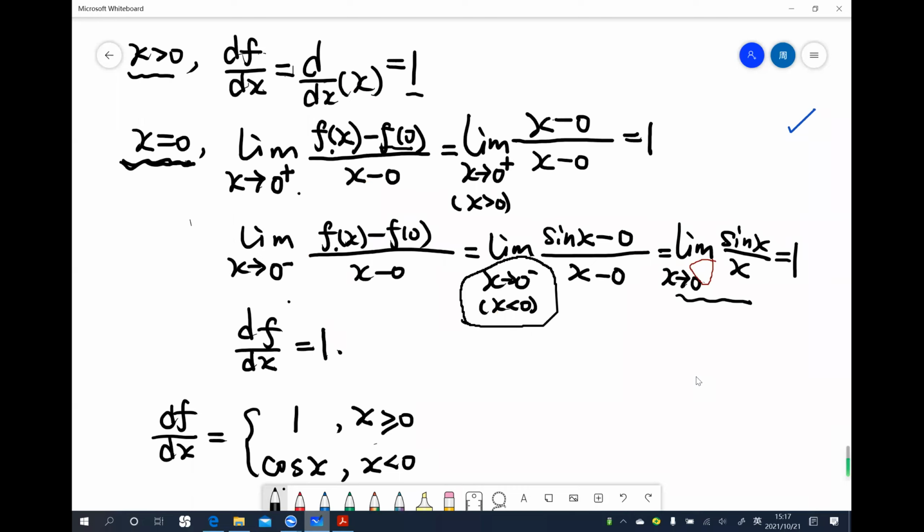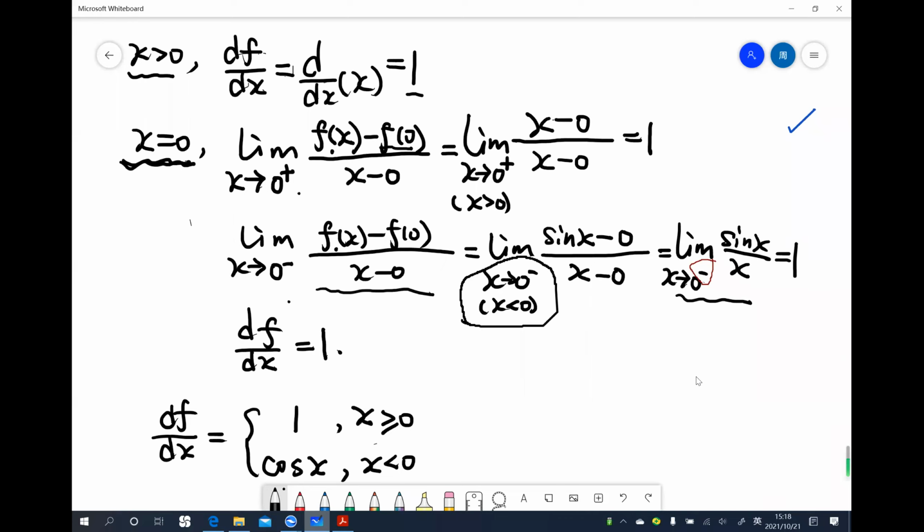Actually, I didn't totally understand your question. Your question is why this function? You see this function is the same as, but this was equated to limit as x approaches 0 from the positive side, x minus 0 all over x minus 0. But here, as x approaches 0 from the negative side, it becomes sin x minus 0 all over x minus 0.